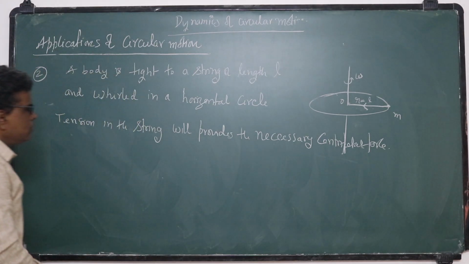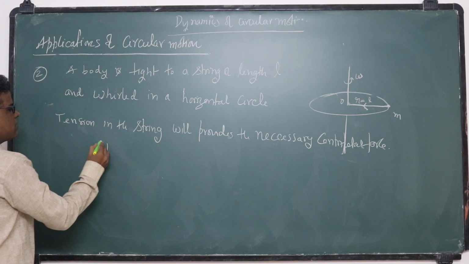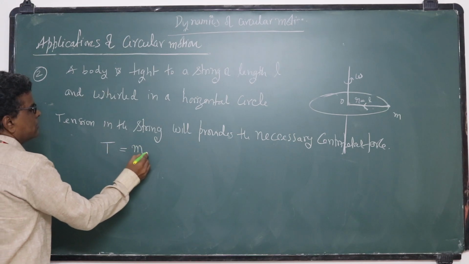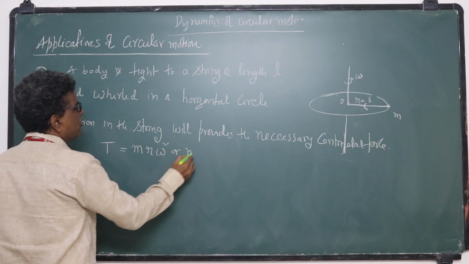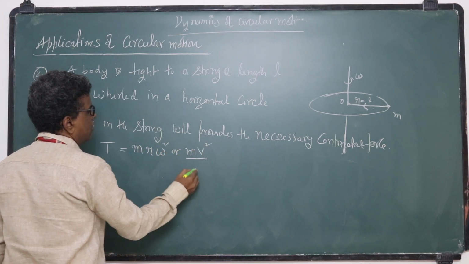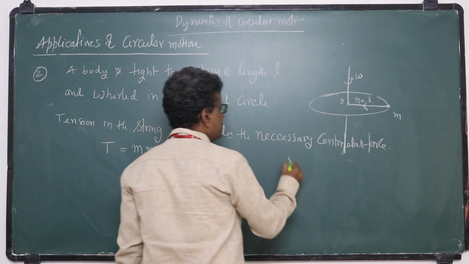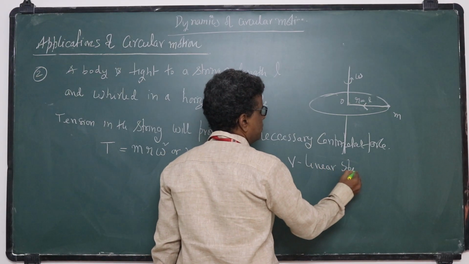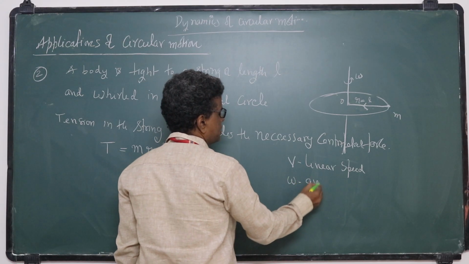So the tension in the string, let it be T, is equal to the centripetal force, m r omega square or m v square by r. Here v is the linear speed of the stone, and omega is the angular speed of the stone.